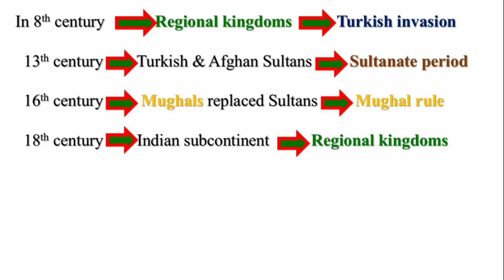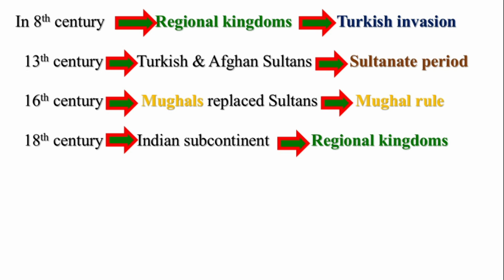In the 8th century, many regional kingdoms came out, but they were not victorious. So the Turkish invasion came in the medieval period, and they took domination, followed by the 13th century.